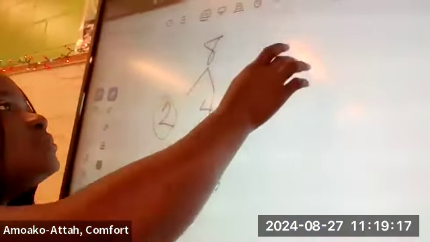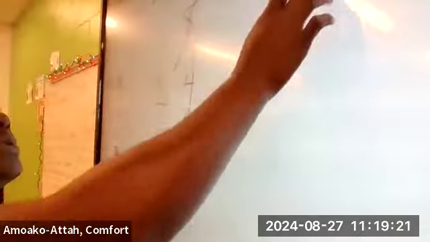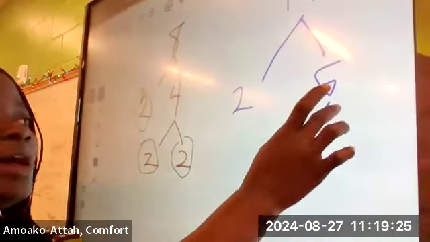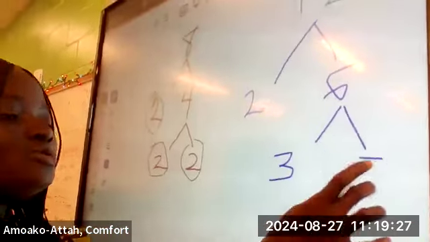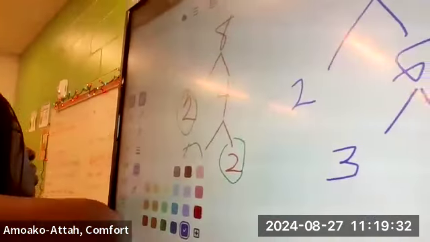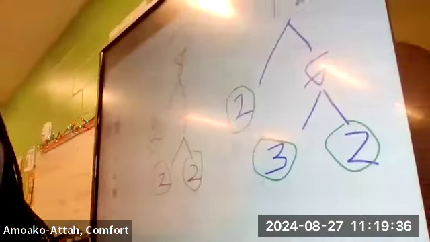Good. Then we come to 12. We have 2, 6. Then we have 3 and 2, right? Let's circle out the prime numbers from here, the prime factors. We have 2, 3, and 2. Good.